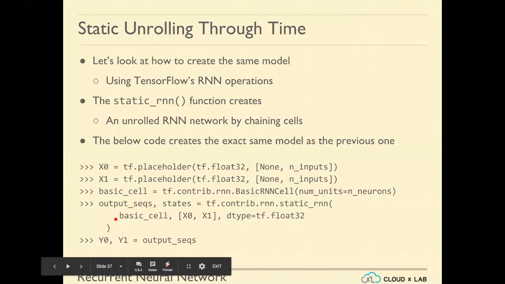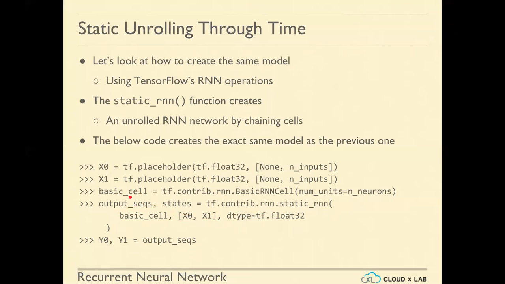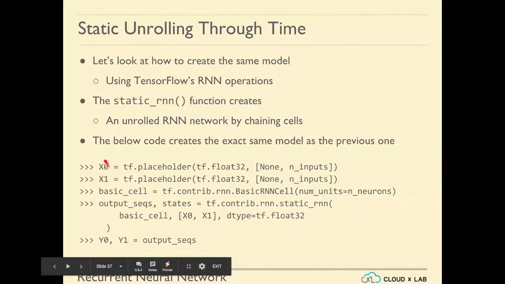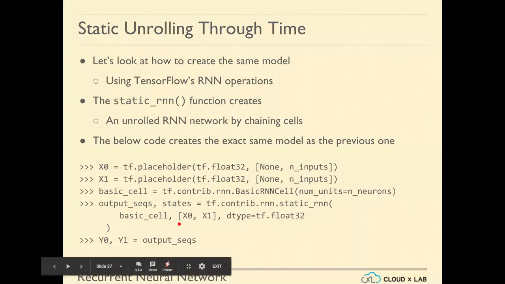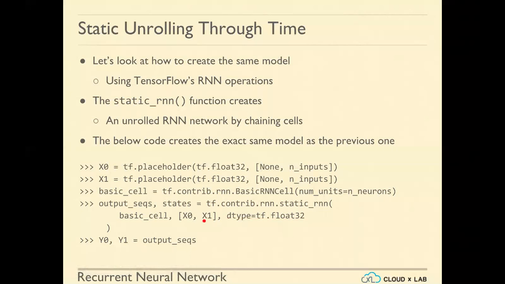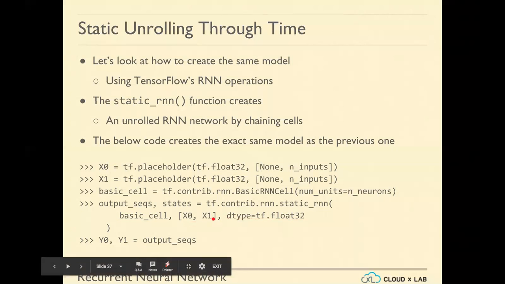At this point, when we are creating a static RNN, we are feeding the basic cell, whatever we created previously, and the inputs x0 and x1. Please note that x0 and x1 are an array that we are feeding to it. So if we have many such values, we might have to feed all those values as an array.